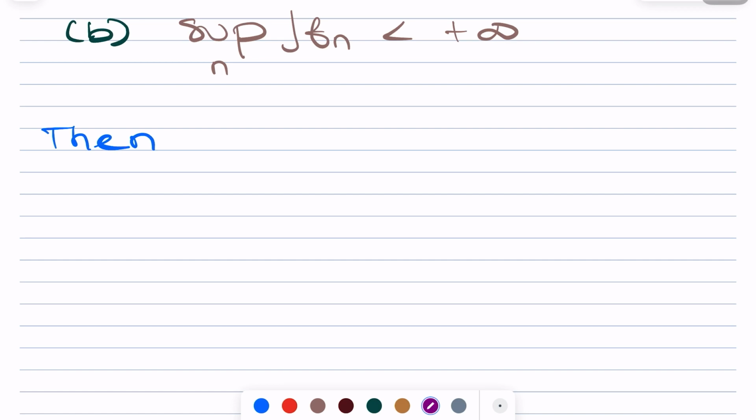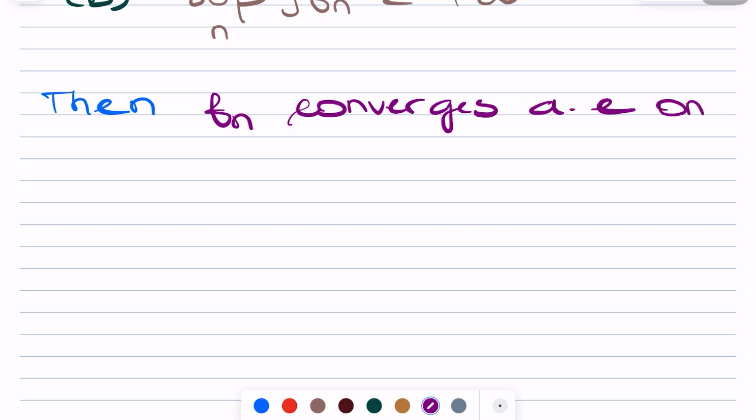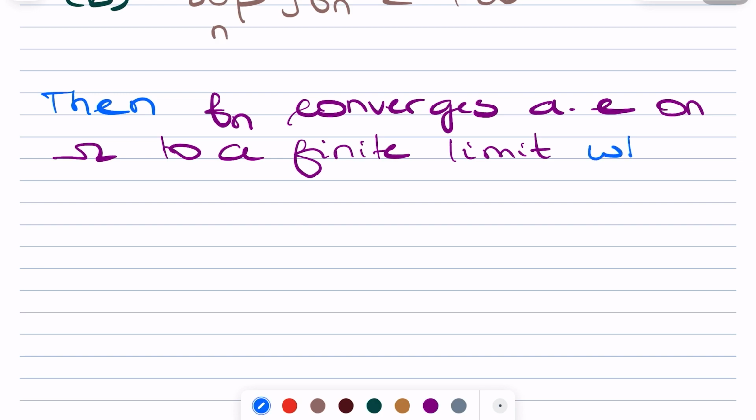So then Fn converges almost everywhere on omega to a finite limit, which we denote by f.